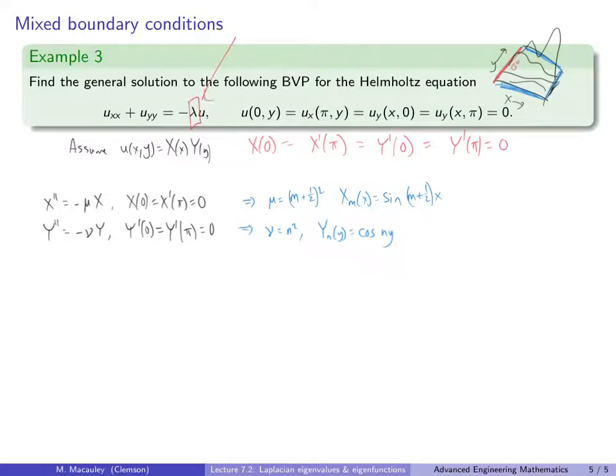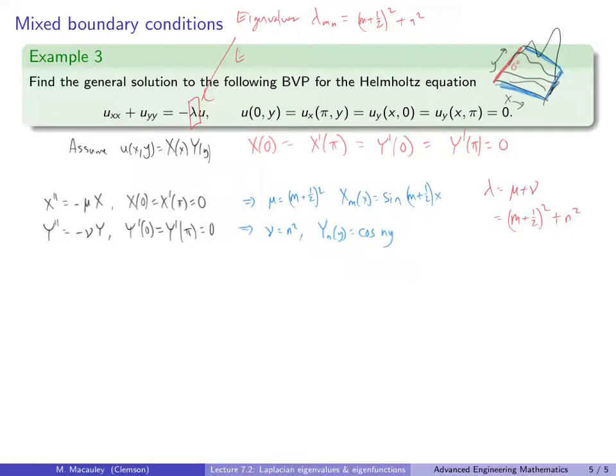I should say that, as before, lambda is going to be mu plus nu. So in this case, it's going to be (m plus 1/2) squared plus n squared. So we found the eigenvalues: for each m and n, there's an eigenvalue which is (m plus 1/2) squared plus n squared.